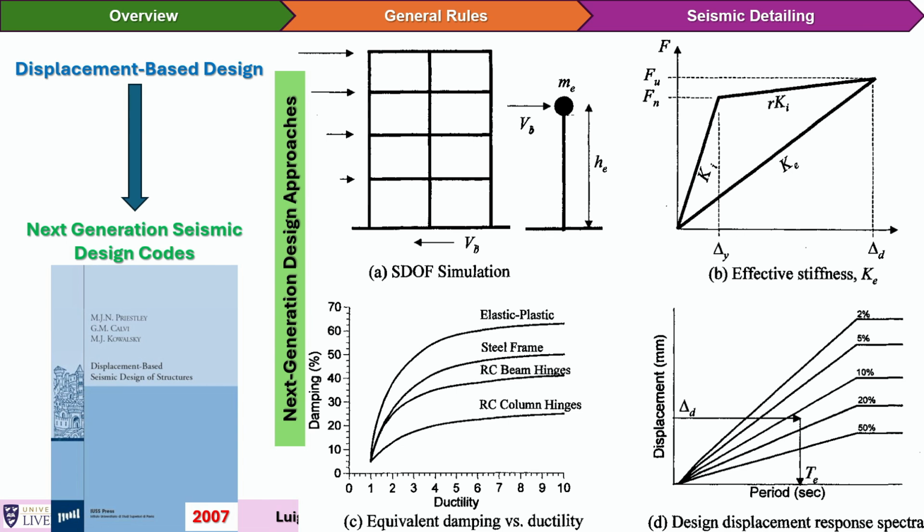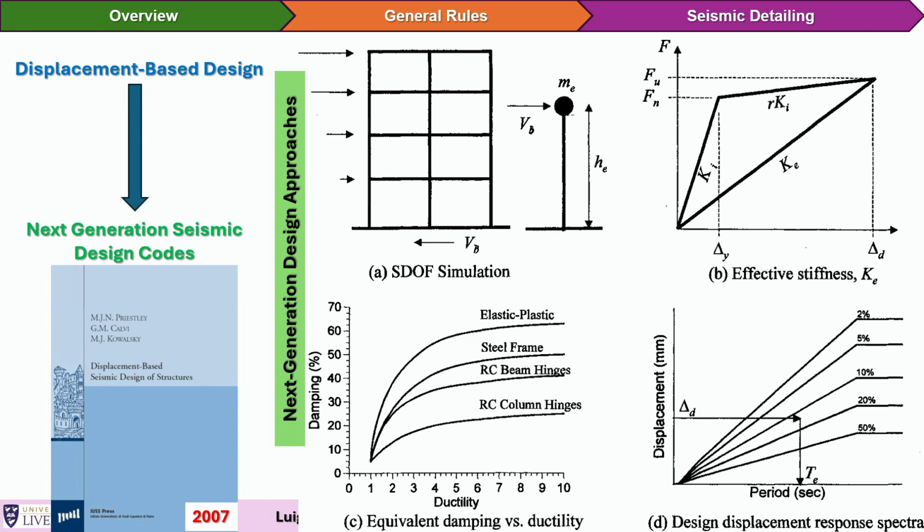Then we can use the graph I showed you before, which is the displacement response spectrum, entering with a given displacement, because we know that the window must not break, so the interstory drift has to be less than 1.5%. We introduce this value as the displacement limit of the single degree of freedom at the level of the mass, and we get, for different levels of damping, the period. So we design a structure with a given period.